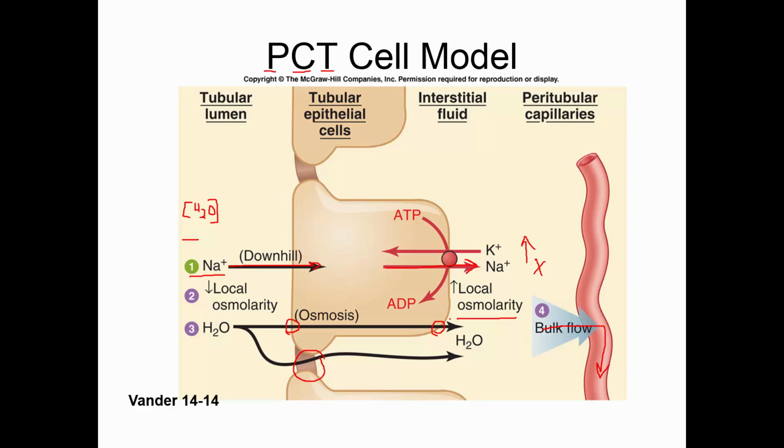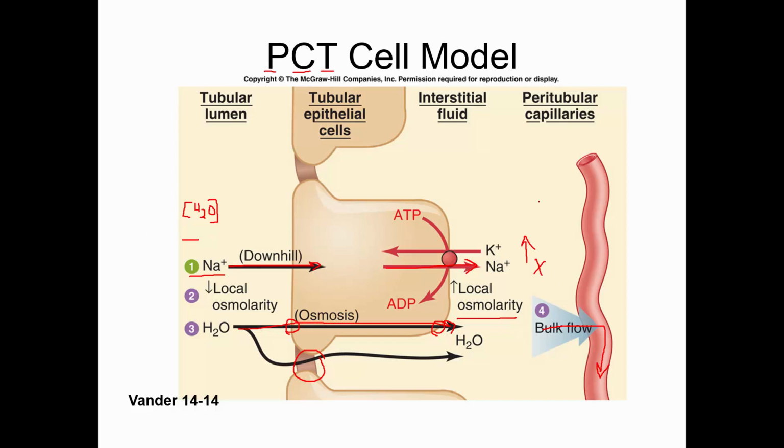But let me emphasize that whenever a particle is added to the interstitium, then water is going to follow osmotically. That's going to return the osmolarity back to 300 or whatever it was, probably 300, and return this osmolarity to what it was.